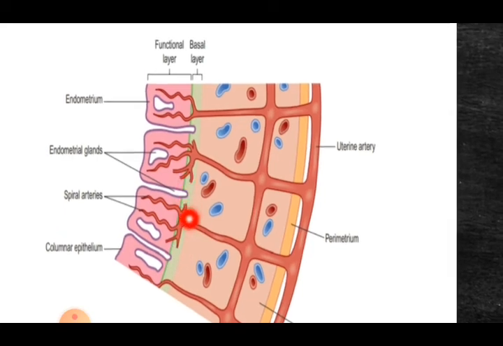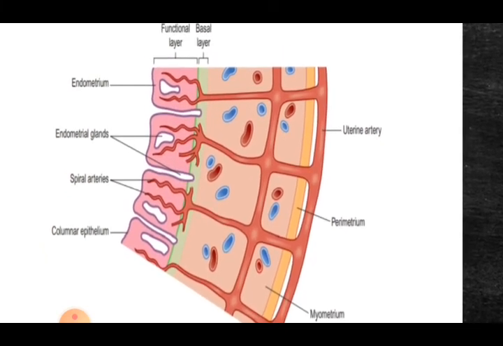So till the myometrium we have various branches of uterine artery. The uterine artery is dividing into the arcuate artery. This artery here is the arcuate artery.